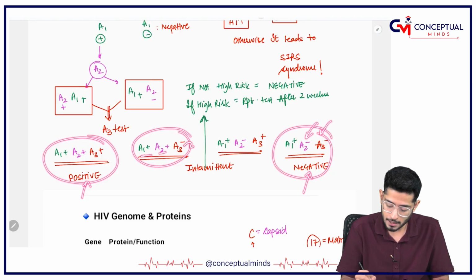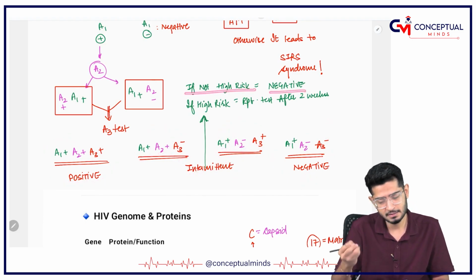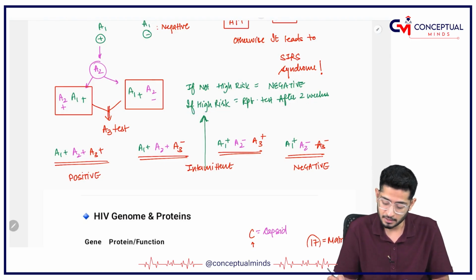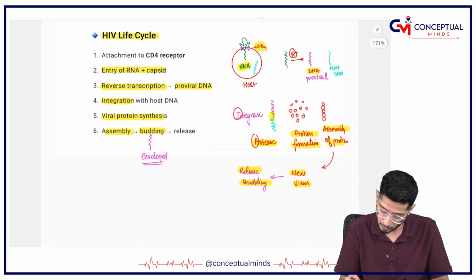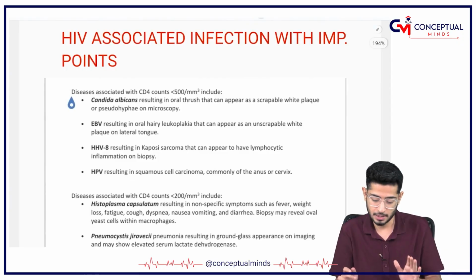But if 2 are positive and 1 is negative, then you have to check if it is intermittent. If not high risk, consider it negative. If it is high risk, you have to repeat the test after 2 weeks. Okay, so this was the major discussion for HIV.